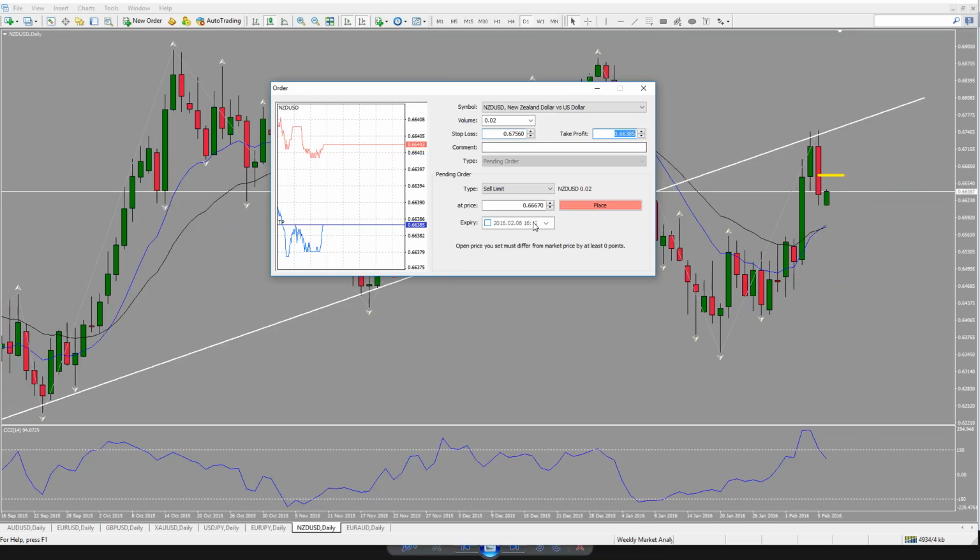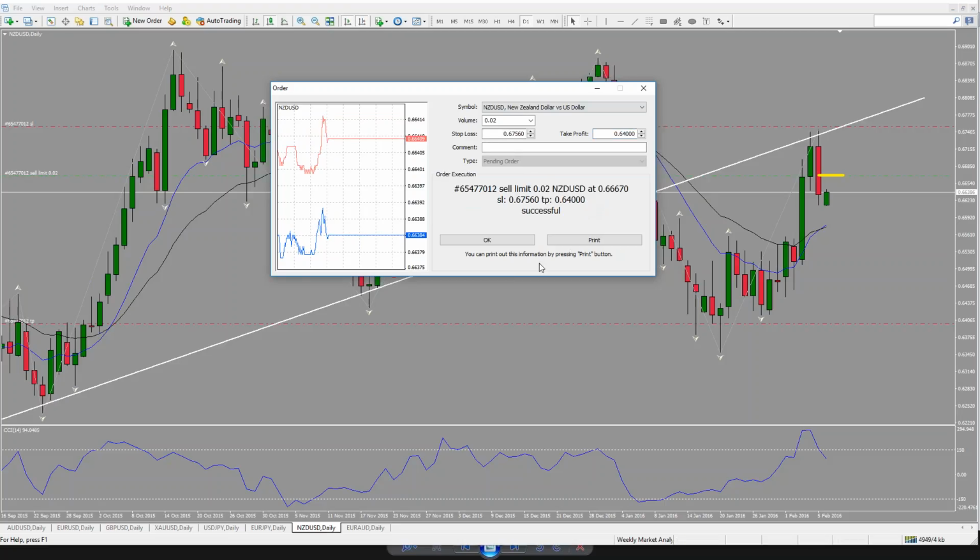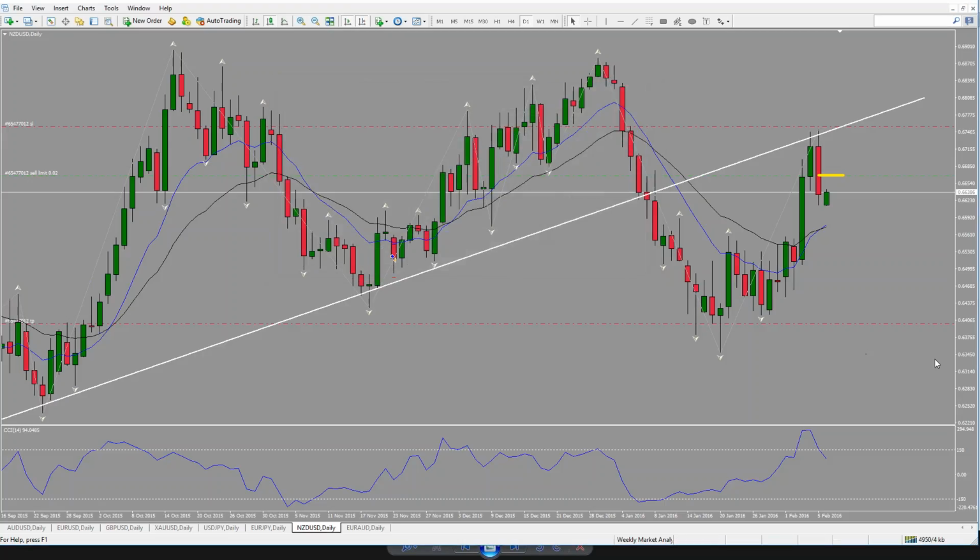My target is going to be about 64, and I'll just move it with my arrow to get it right. It's a sell limit, place it. Okay, obviously that target looks a little bit far. Probably about there. Let me just move it up.